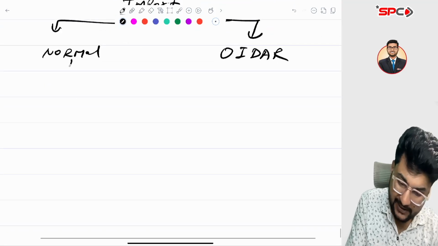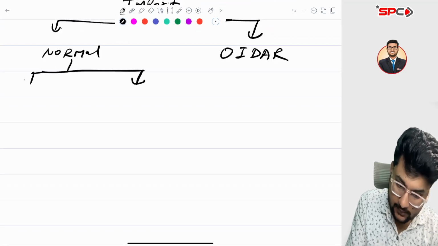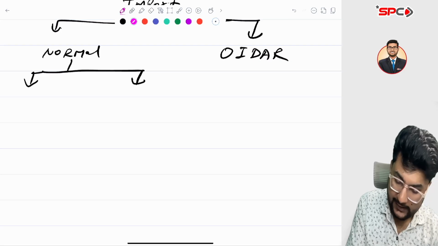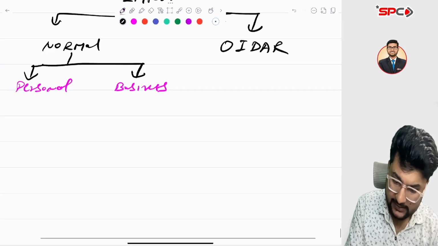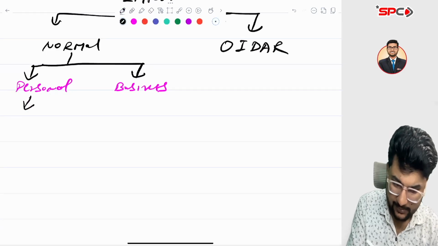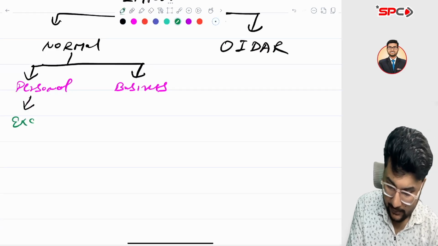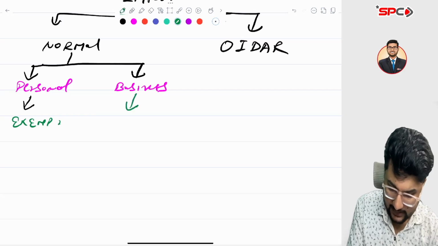Normal services can be taken for personal or for business purposes. In GST, personal purpose is exempt, but business purpose is RCM.